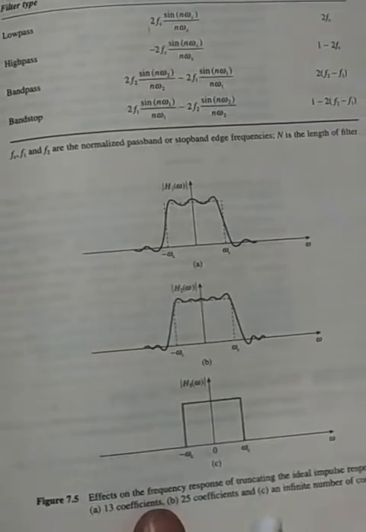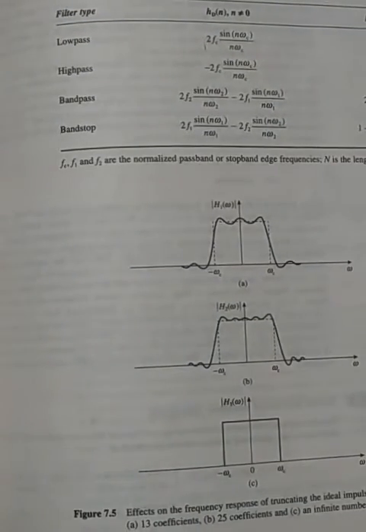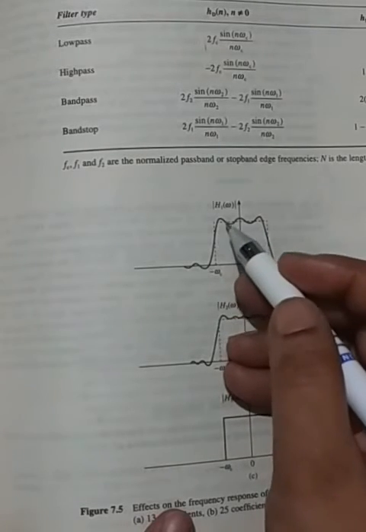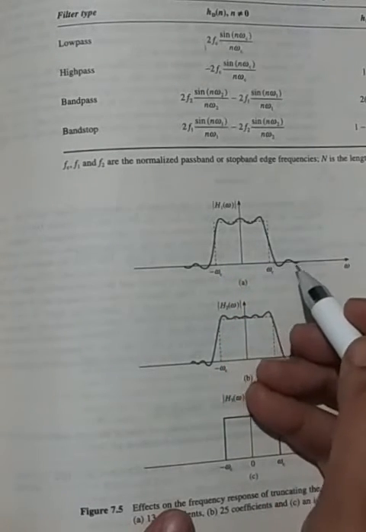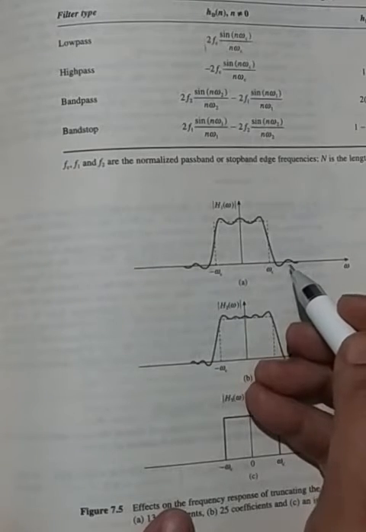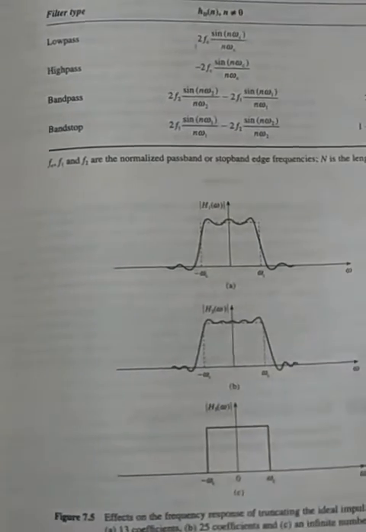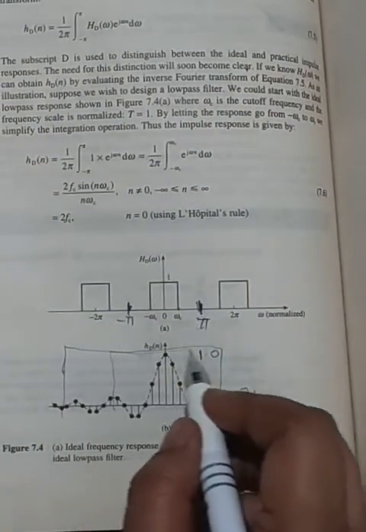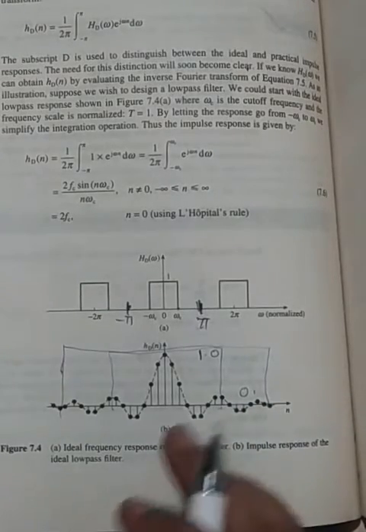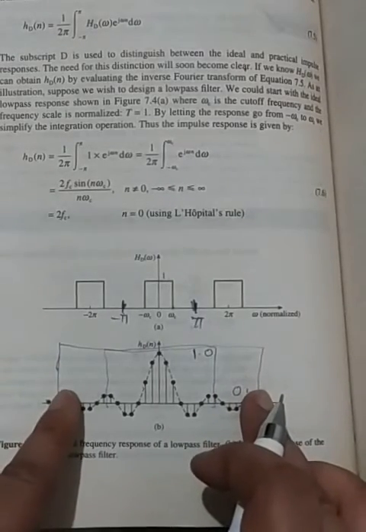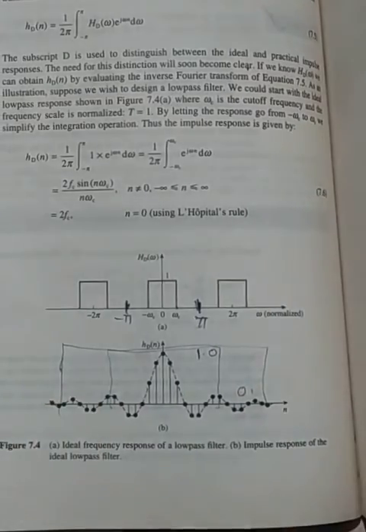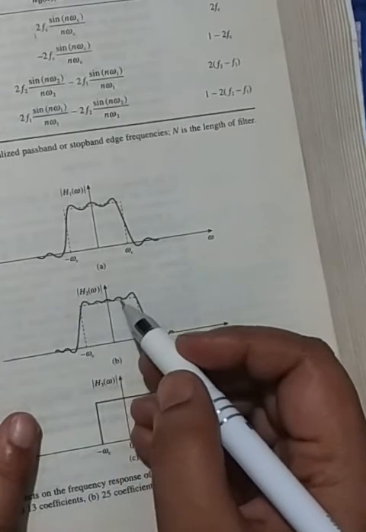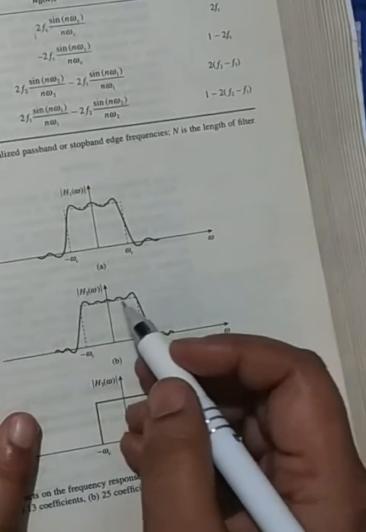Now in this case, when you truncate, you will see there are ripples in the pass band and stop band because of abrupt truncation. If you increase this window length, means more coefficients are involved, then the amplitude of these ripples decreases in both pass band and stop band.